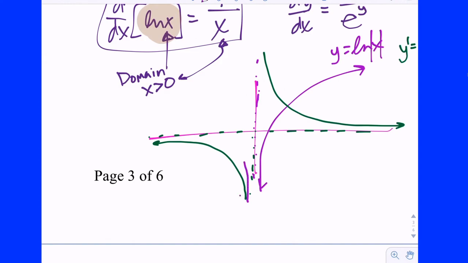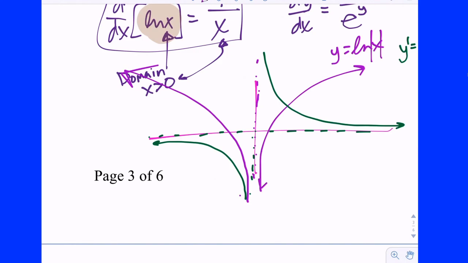So this purple graph would reflect like that. And now both of these branches in their entirety become the graph of the natural log of the absolute value of x. What's the x-intercept over here on the left side? Negative 1, because it's positive 1 over here. The natural log of the absolute value of negative 1 is the natural log of 1.